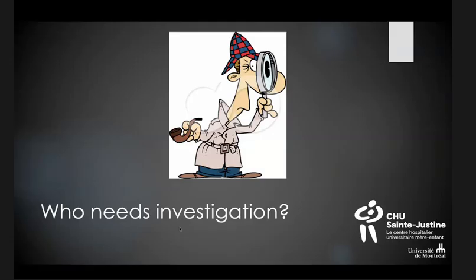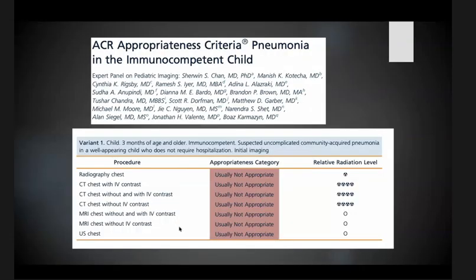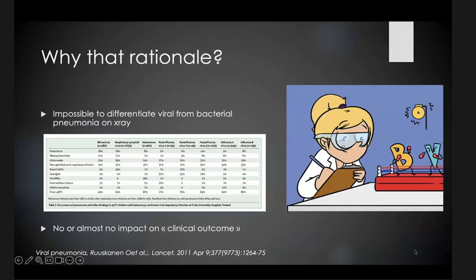Okay, so who needs an investigation when you suspect a pneumonia? From the ACR appropriateness criteria, in the immunocompetent child, usually you can rely on your clinical judgment, and usually the chest x-ray is not appropriate, but that's not what we do.